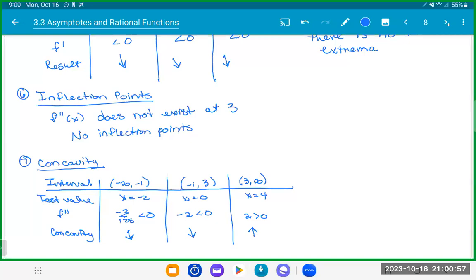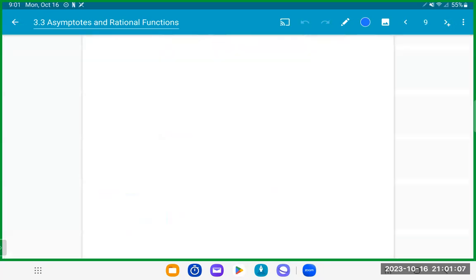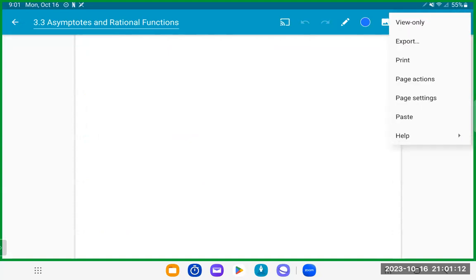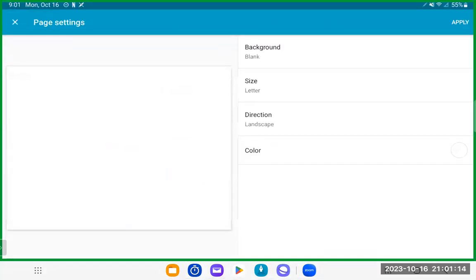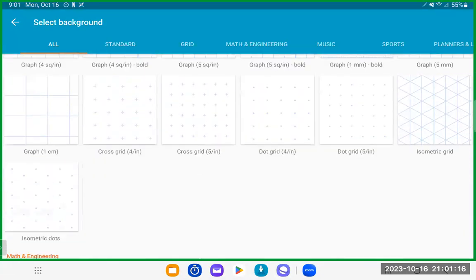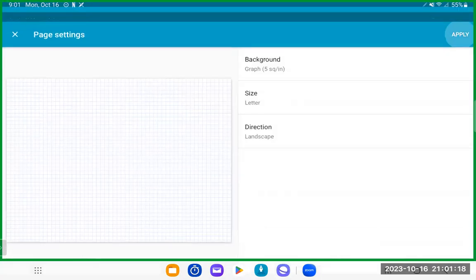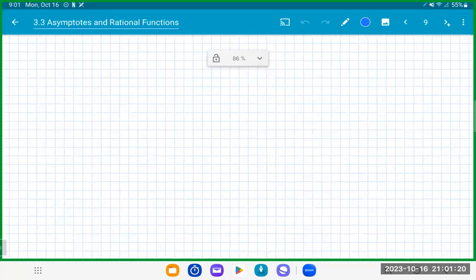Okay? And now we can take all of this information to help inform the graph of this function. I'm going to put some graphing paper on here. Okay.